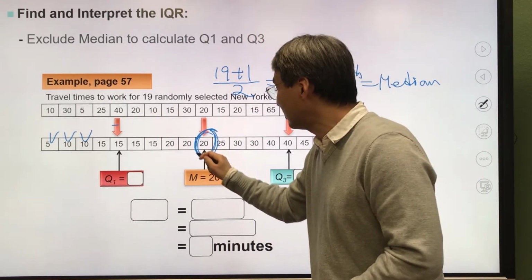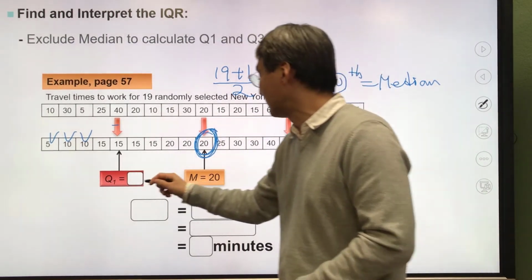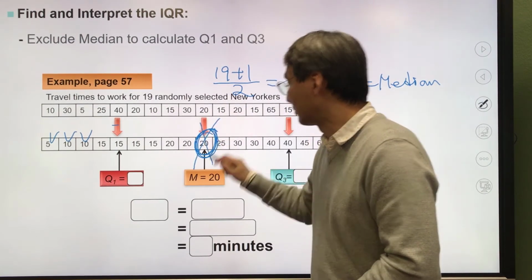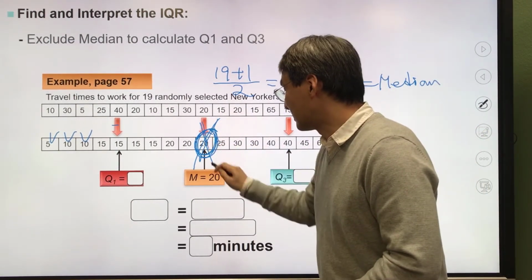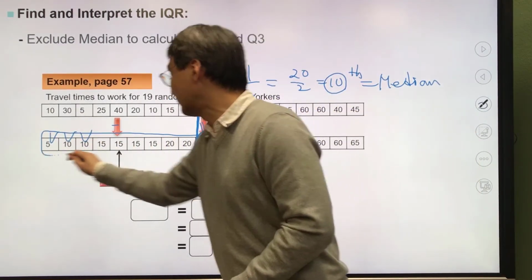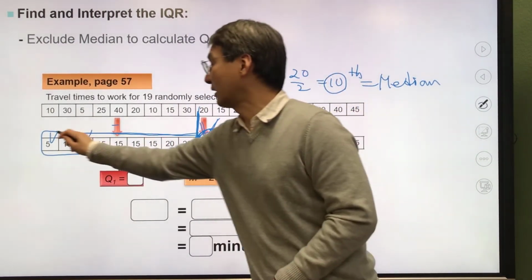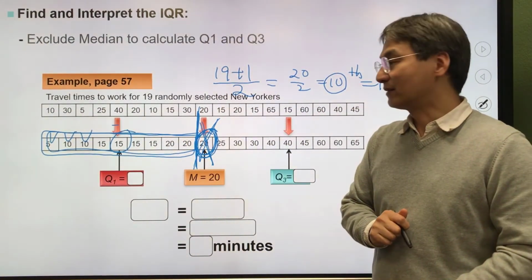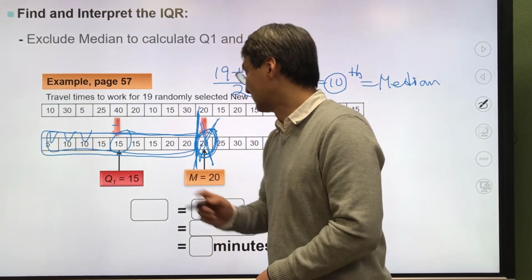Do we include the median to find Q1? The answer is no. This is the median, and we do not include it, so there are 10 data points, not 11. Then we find the midpoint, the median, and this is Q1.